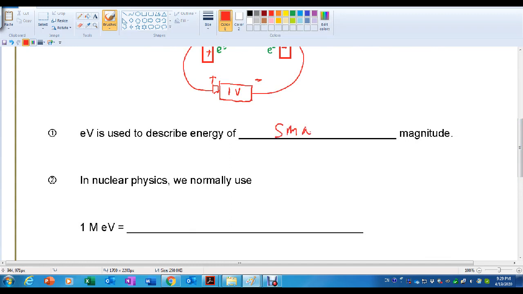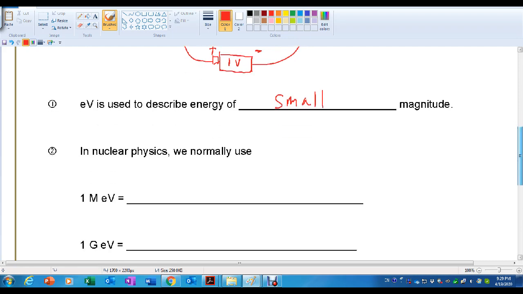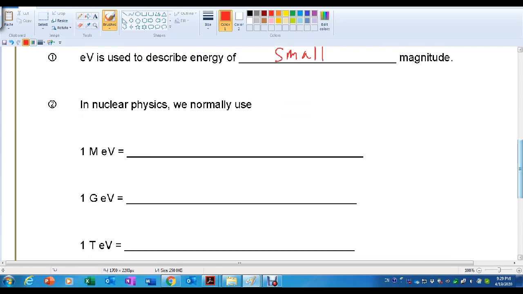In nuclear physics, since eV is too small, sometimes we need to magnify that a little bit. Sometimes in physics, we use 1 mega eV. Mega means million. Sometimes giga, that means billion.